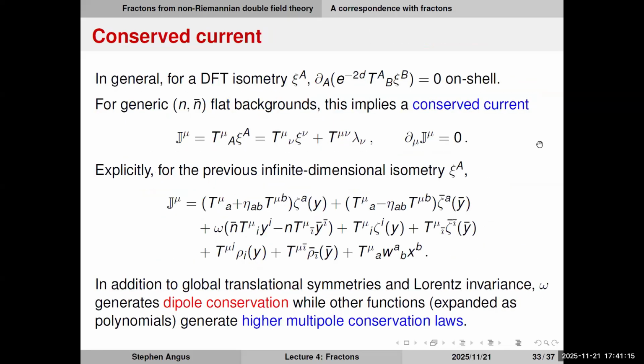In double field theory, there's also a notion of conserved charge, which is related to the DFT energy momentum tensor like this. For generic n n bar flat backgrounds, we get a conserved current, which is related to the different components of the DFT energy momentum tensor and is conserved.